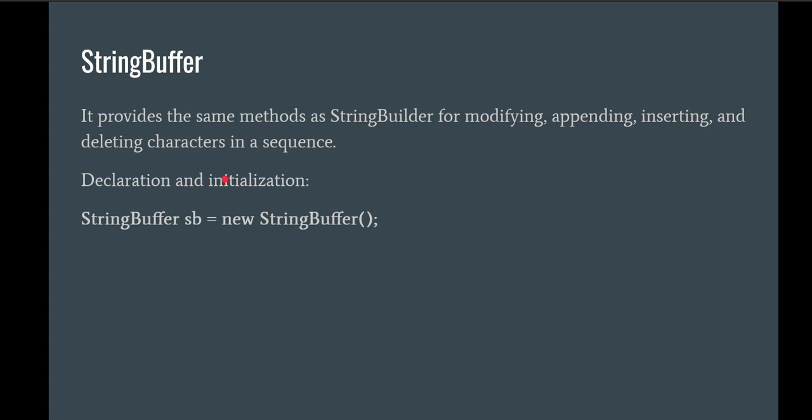How do we declare and initialize a string buffer? So first we have to write this name, StringBuffer, then the name of this instance, then new. This is a new object. We are initializing a new object of StringBuffer.